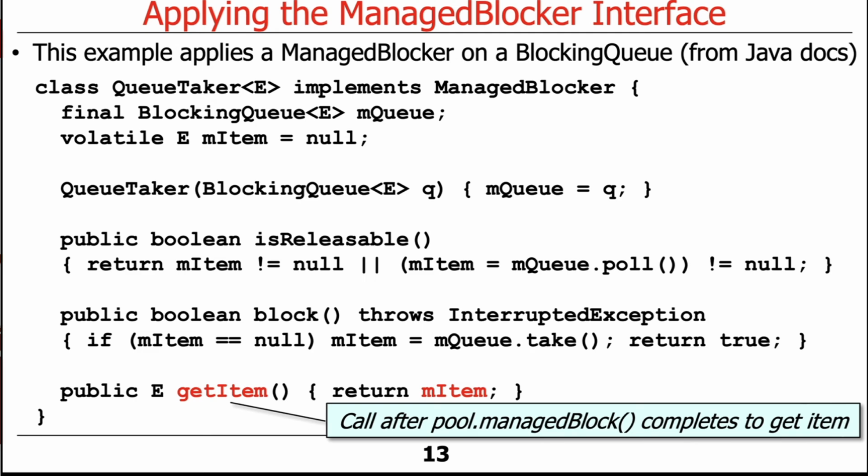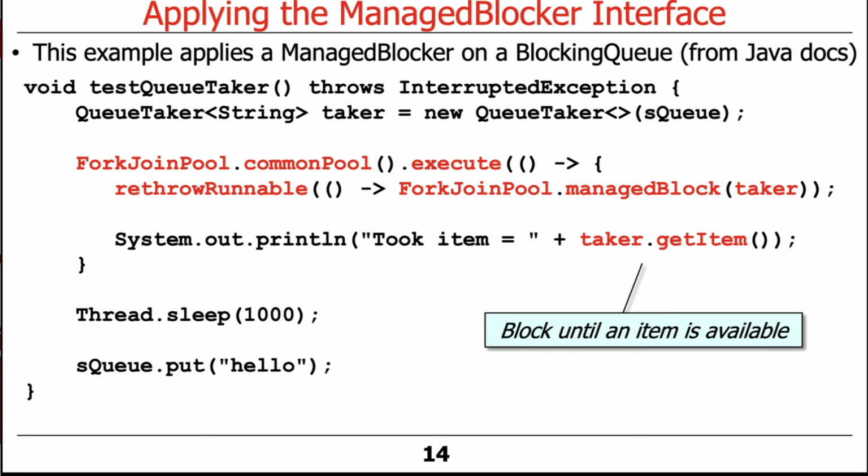To make this work properly, we also add another method to QTaker called getItem, and that will be called after the common fork join pool's managedBlock method completes in order to get the item that was obtained from the queue.